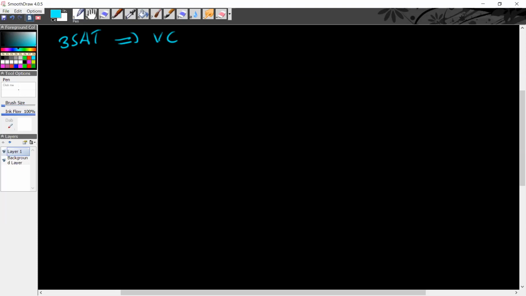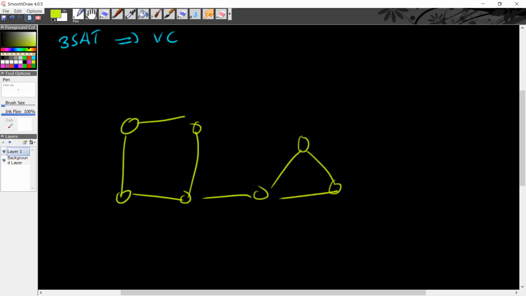Vertex cover is a problem where you're given a graph. Let's say my graph kind of looks like this. As input, you're given a graph and an integer. Let's say the integer is 5.